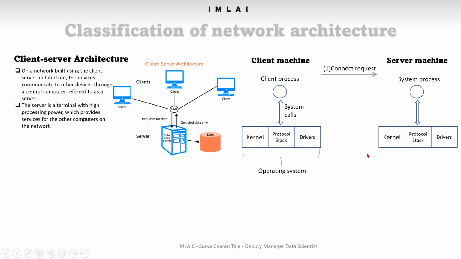Our client machine could be Linux, or Windows, or Vista, or anything, whereas server machines normally come with a Linux kernel and any kind of Linux distribution. It could be Ubuntu or CentOS.